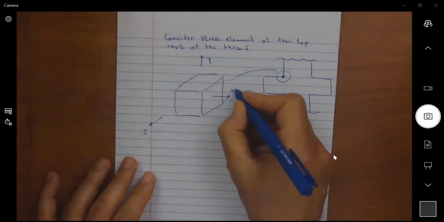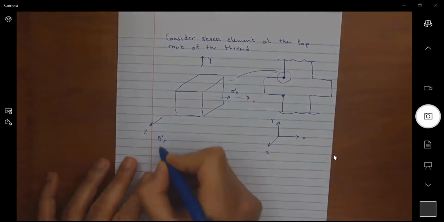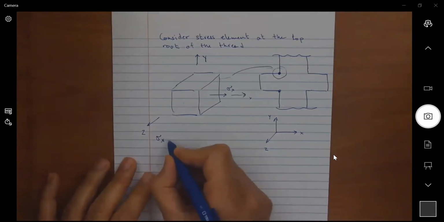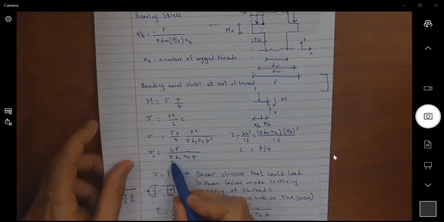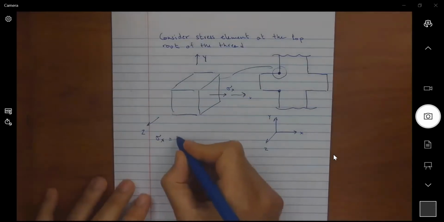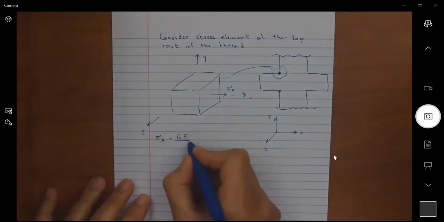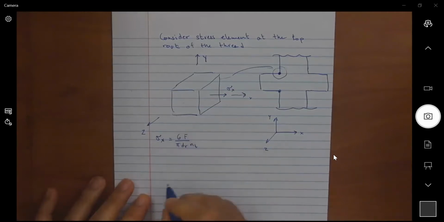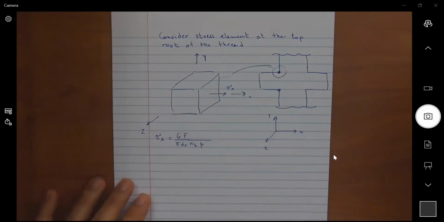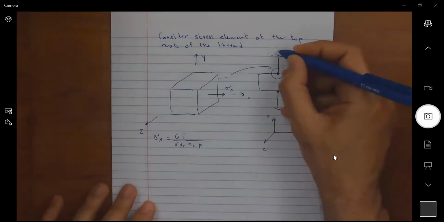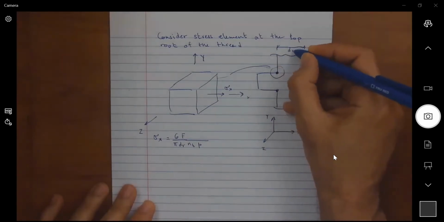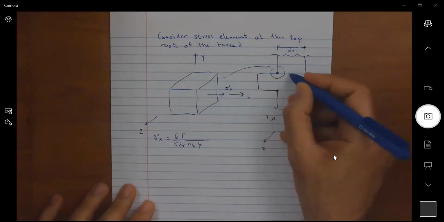We called it sigma x, and this sigma x was the bending stress that is equal to 6F divided by pi dr nt p, where dr is the minor diameter, and the height of the thread is p over 2.